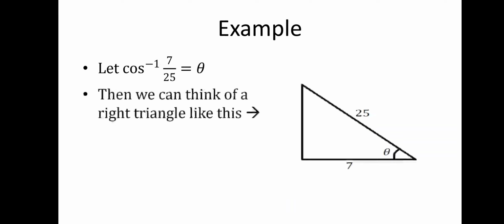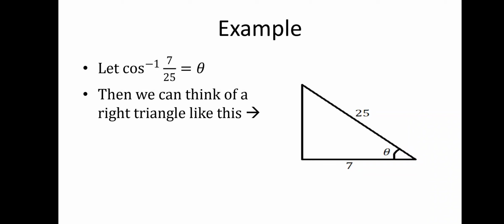So let us go back to the example. Whenever I have cos inverse 7 by 25, I can consider 7 as the base and 25 as the hypotenuse. So I can definitely think of this triangle where 7 is the base, 25 is the hypotenuse. I think this is pretty clear.